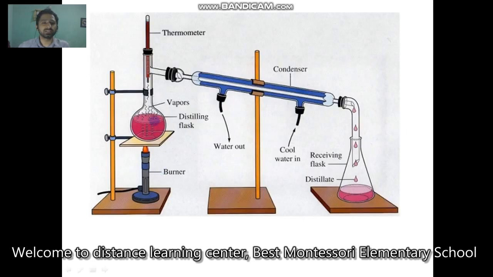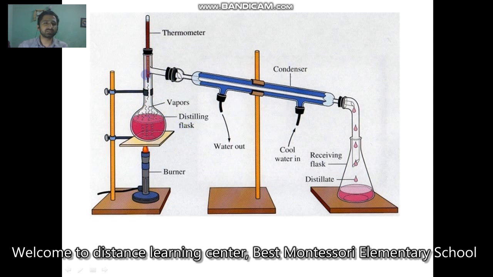Now let's see this. This is a distillation flask, actually this is called the distillation apparatus. We keep the mixture in the distillation flask. We give heat from the bottom. This is a wire gauze, so that direct heat does not reach the distillation flask, and there is a thermometer to measure the temperature, so that we reach the boiling point of the liquid.